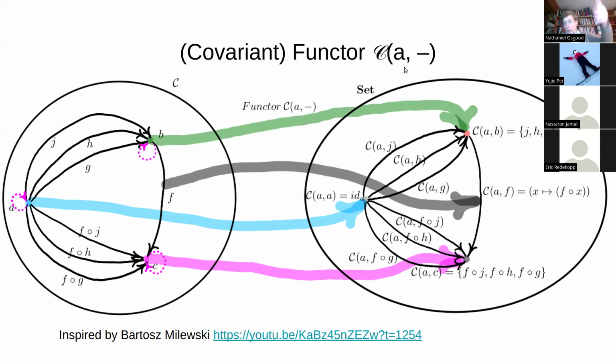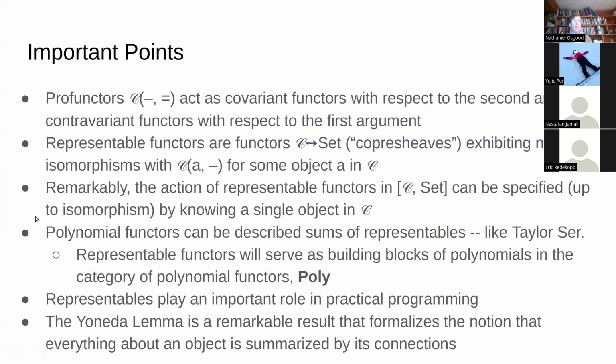All we have to do is say the representable functor for A with respect to this category, and we'll get a functor out. Plug in any object, get a set; plug in any morphism in the category, you'll get a map between the corresponding hom sets. That's a functor. That's pretty amazing.